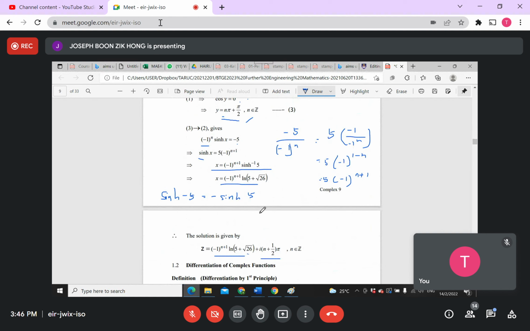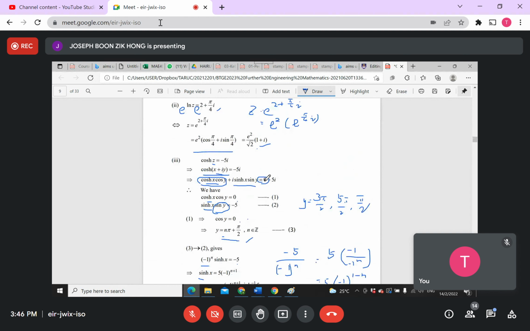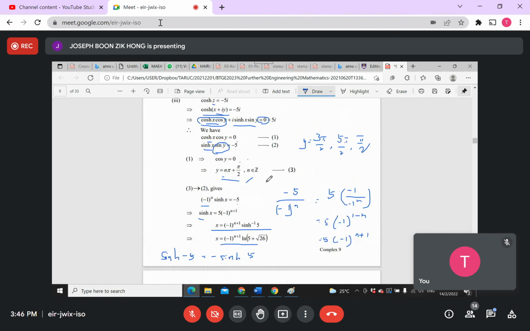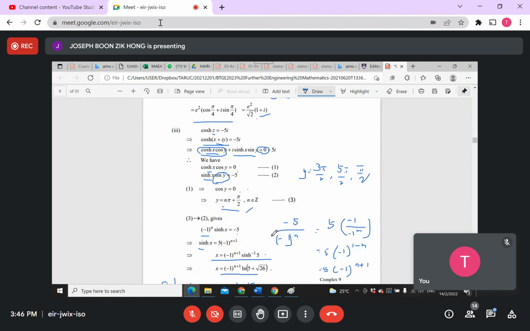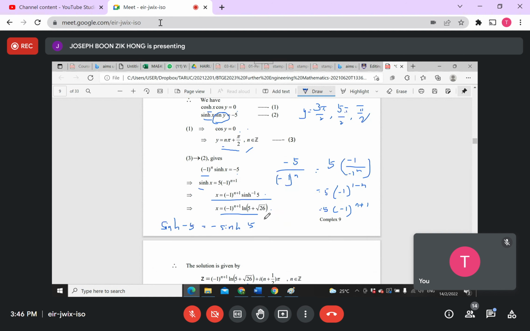But here I have to look, y suddenly is square root 26. Sine hyperbolic inverse of 5. This one is still okay, but suddenly it jumps to here. How come it suddenly becomes ln? Sine inverse of 5. Let me see.